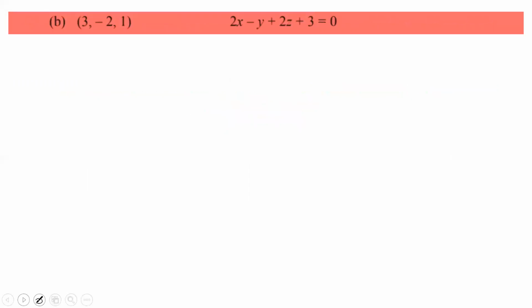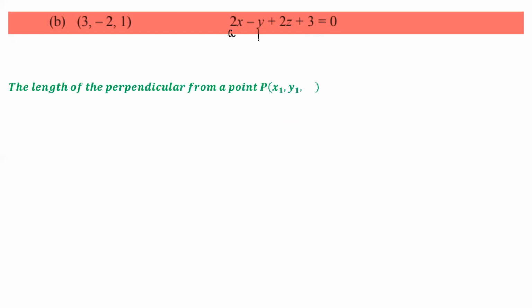Next question number B, 14b. So one point is given, the point is 3 comma minus 2 comma 1, and the equation of the plane is 2x minus y plus 2z plus 3 equals 0. So firstly write down the formula and compare it. So a is equal to 2, b is equal to minus 1, c is equal to 2 and d is equal to 3.